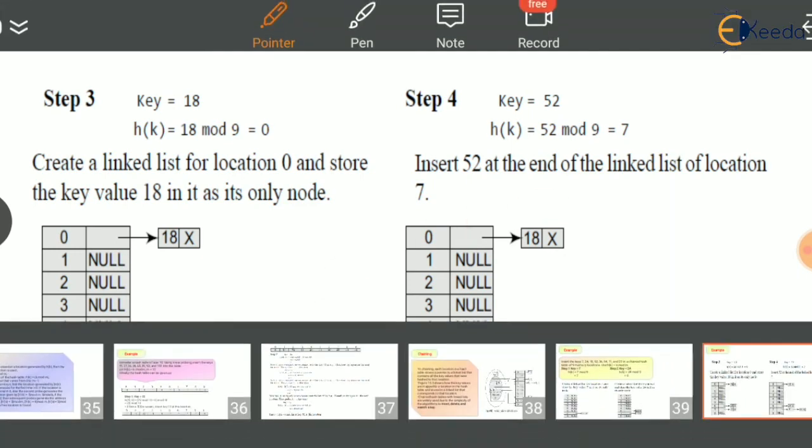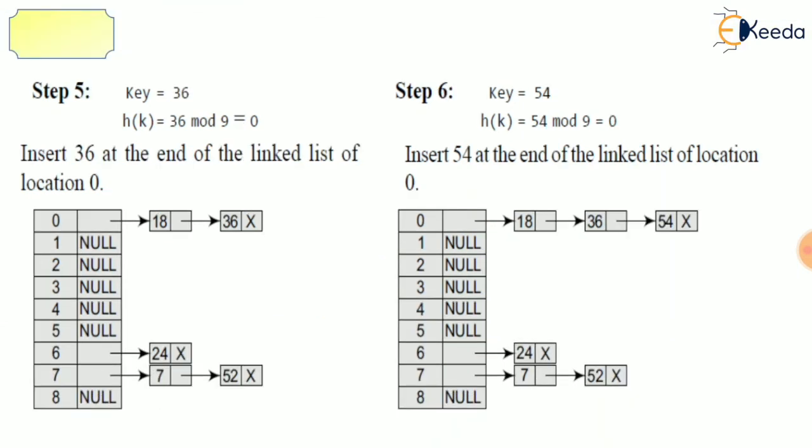Now observe the next step. With this example, we can completely insert all the values at their particular positions. Now the next key is 36. Again we get the same position, that is 0.